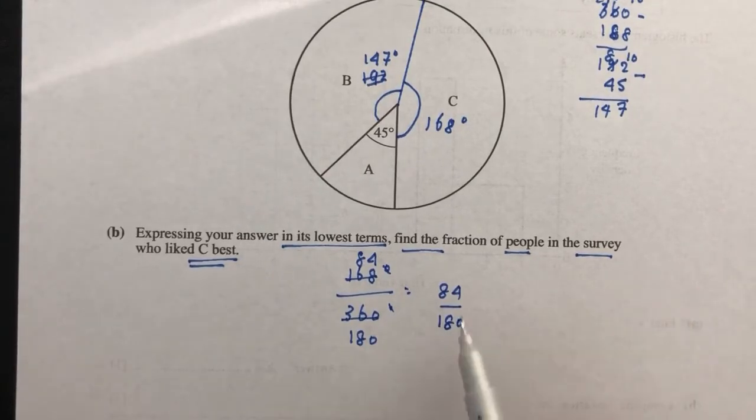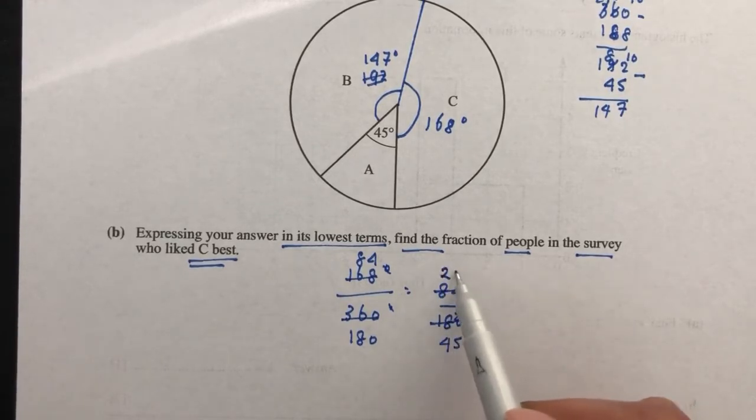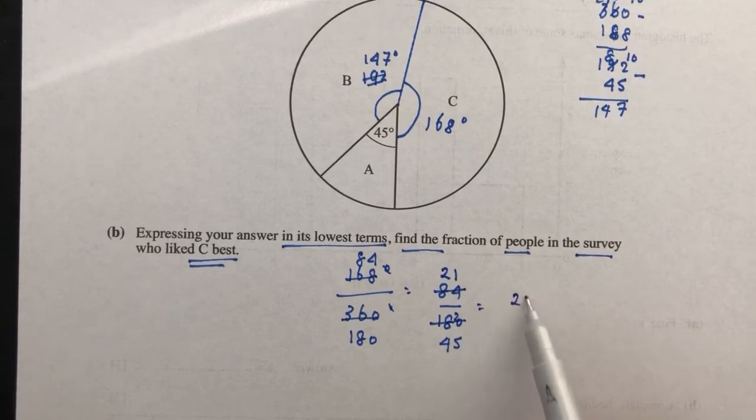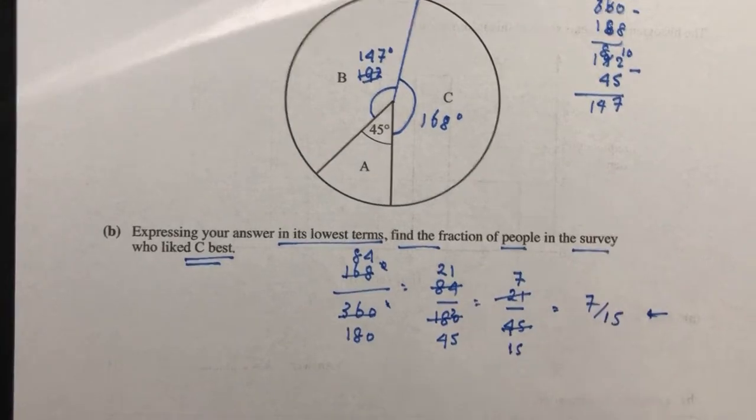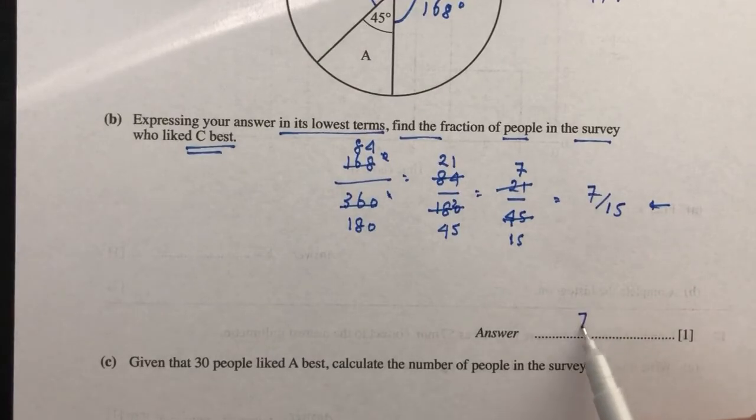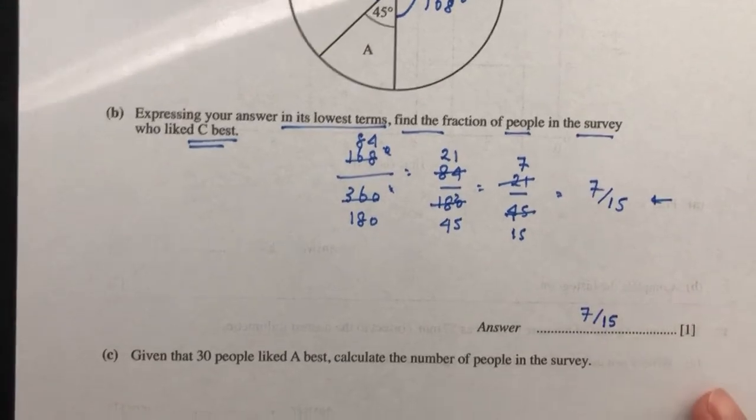Let's try divide by 4. Here we have 21 over 45, divided by 3. We have 7 over 15. So your answer for part B will become 7 over 15 as the fraction of people who like C best.